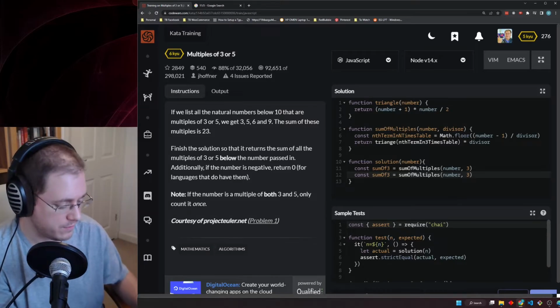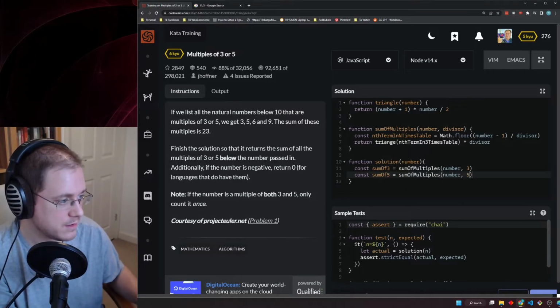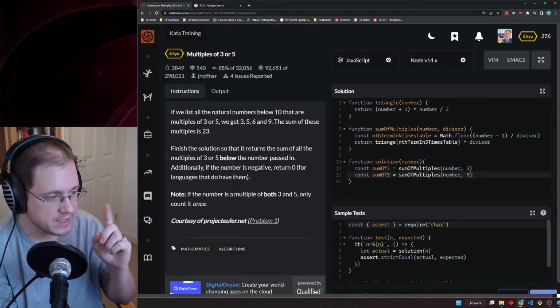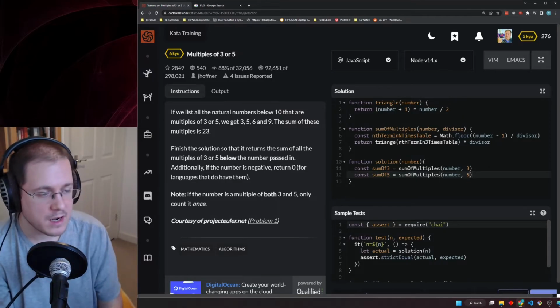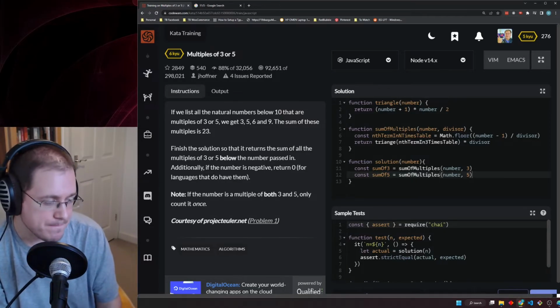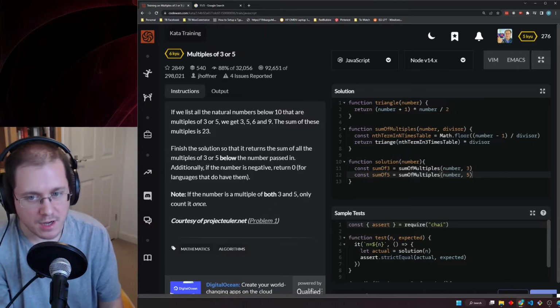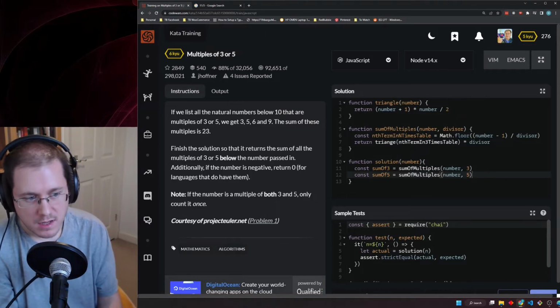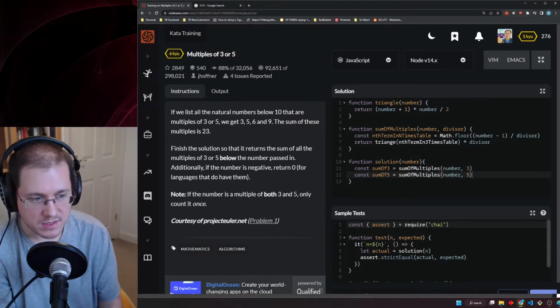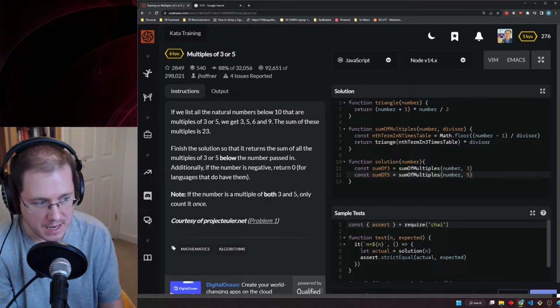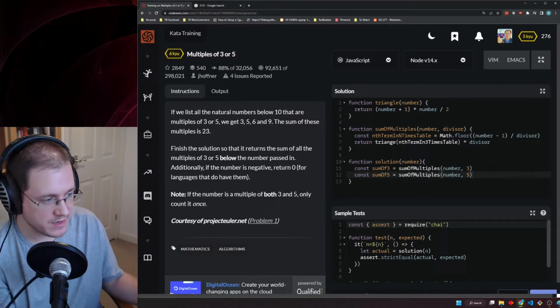And then sum of 5. Now, this is where we could get caught out. And I kind of thought ahead. Because we don't want to double count things that are a divisor of both 3 and 5. But we've got this function.